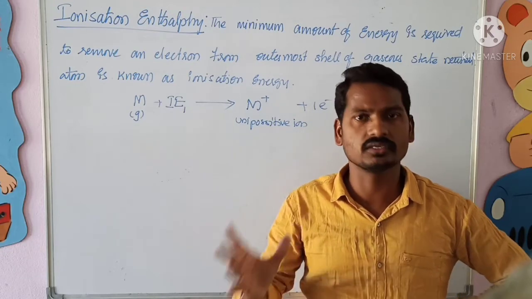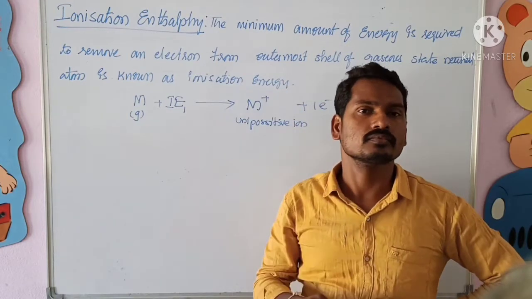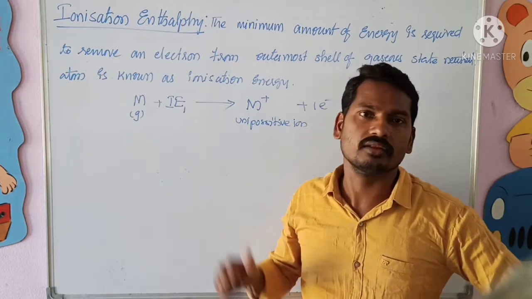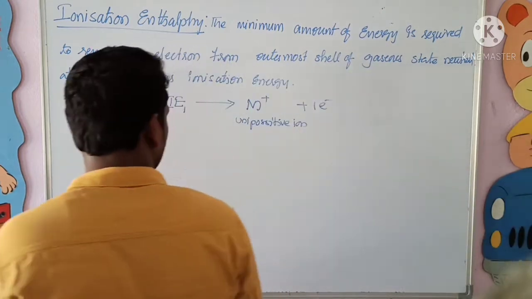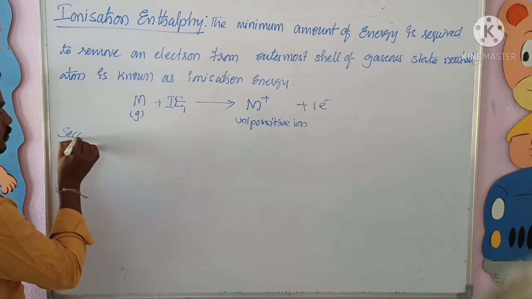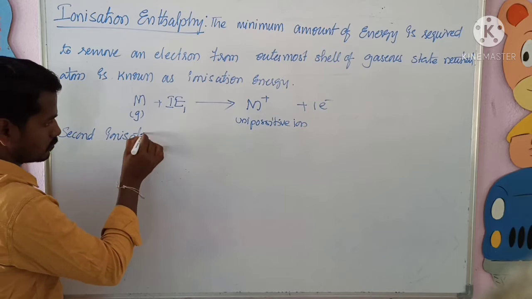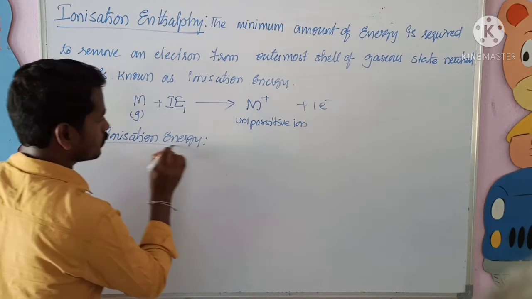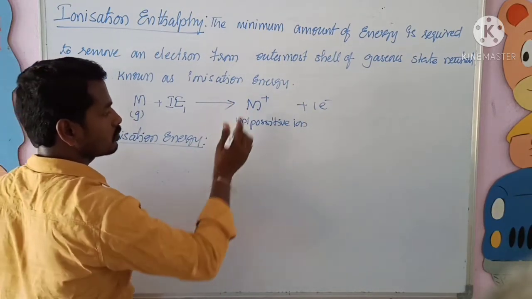The first time you use the energy on the neutral atom; in the second case you use the energy on the unipositive ion. That is the second ionization energy. The definition is almost the same.